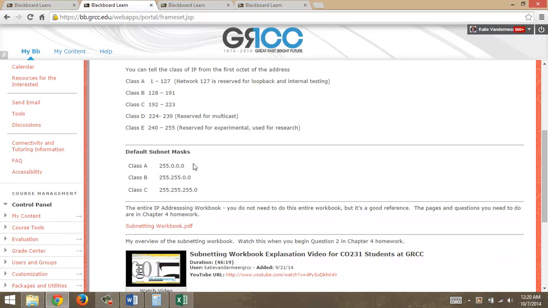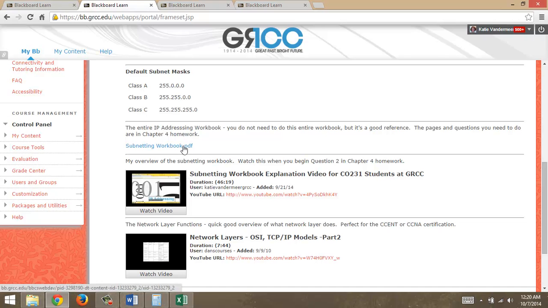So these are very important concepts explained in this chapter, and I've given you the entire subnetting workbook. This is from Cisco's CCNA training and CCENT training. This is a good reference. You might want to download it and store it away for when you get really bored and want to practice some subnetting.